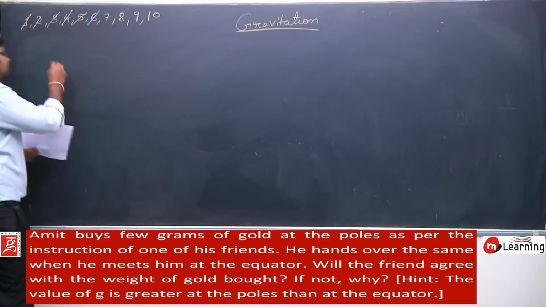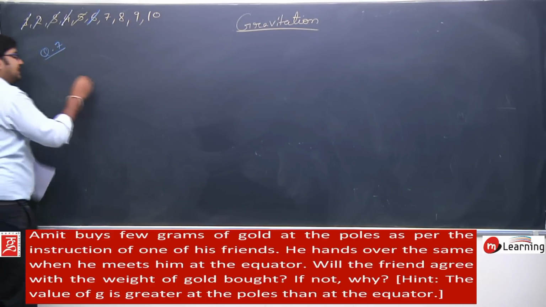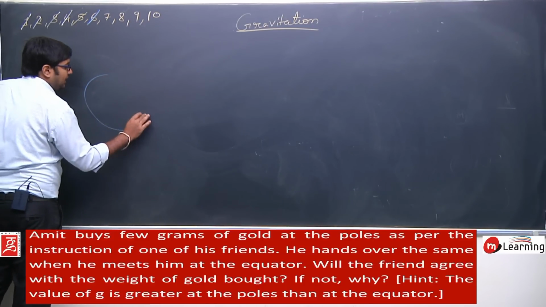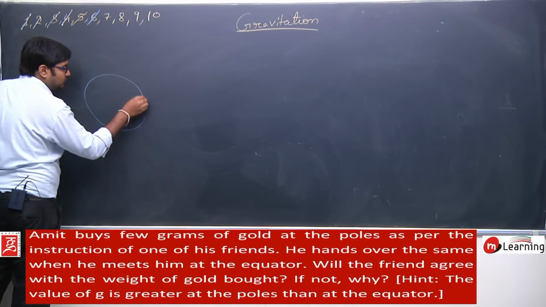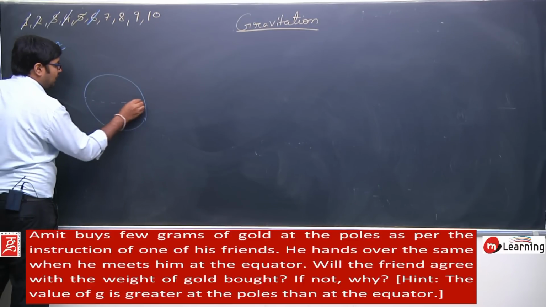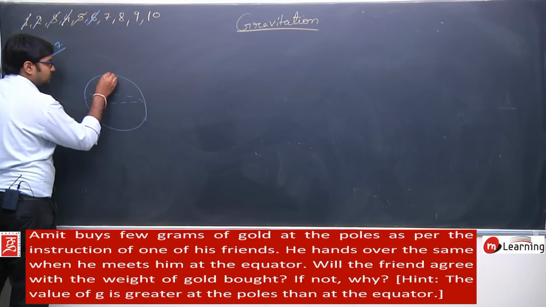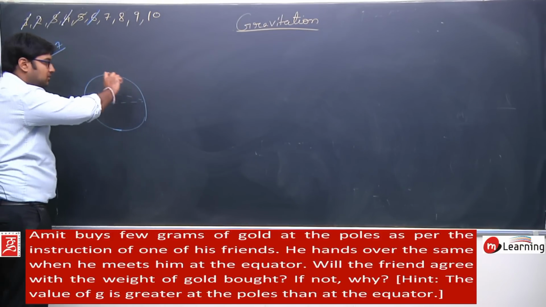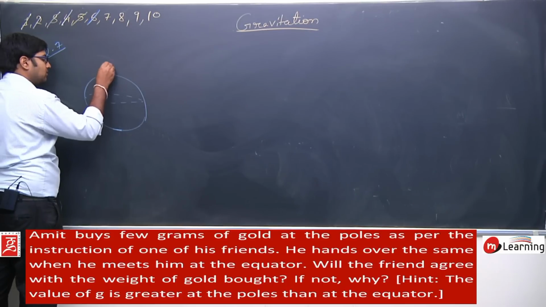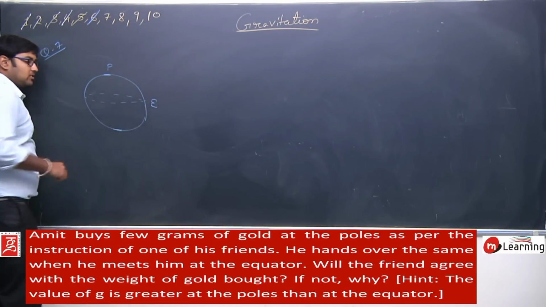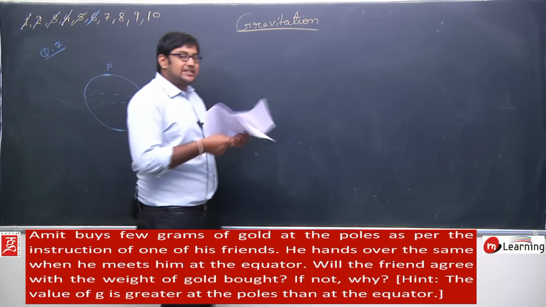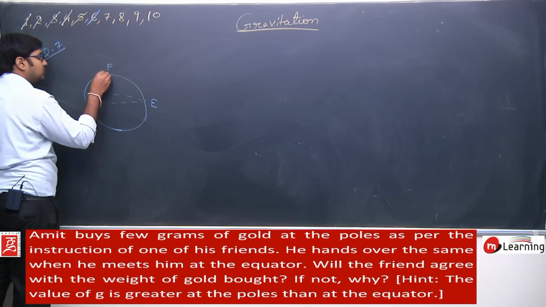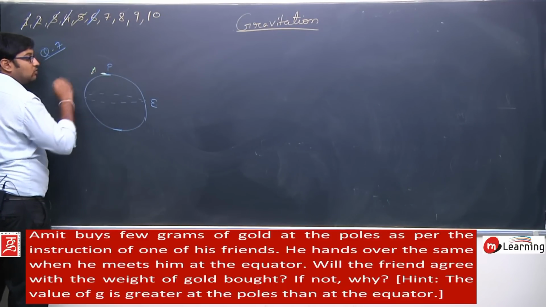We are talking about the earth, and we know that the earth is bulging at the equator and is a bit pressed at the poles. So this is the poles, and this is the equator. Amit was standing here and he bought some gold at this point.